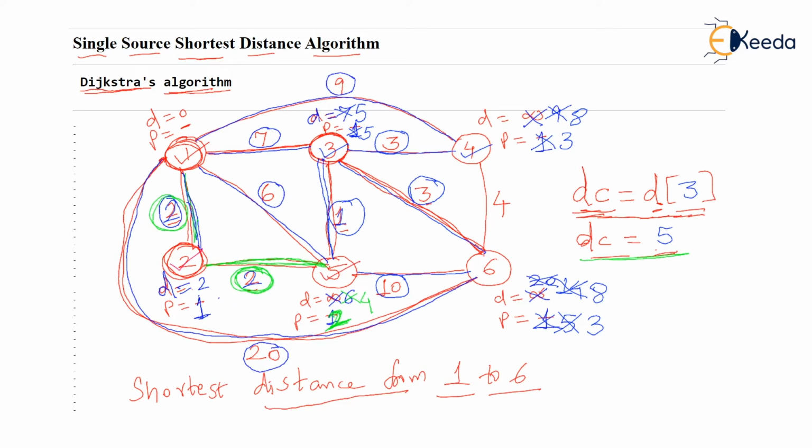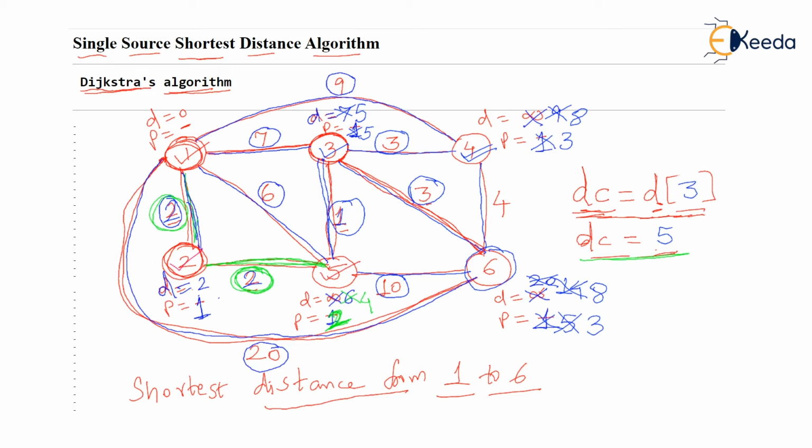Anyway, any of the two can be visited because both are at shortest distance. But even if you visit 4 first, there is not going to be any change to 6. Come on, because edge from 4 to 6 will have distance at least 1, isn't it? So it will be 8 plus 1, which is 9, and 9 cannot update 8 for vertex 6. Hence, we say that we have now found shortest distance to vertex 6.